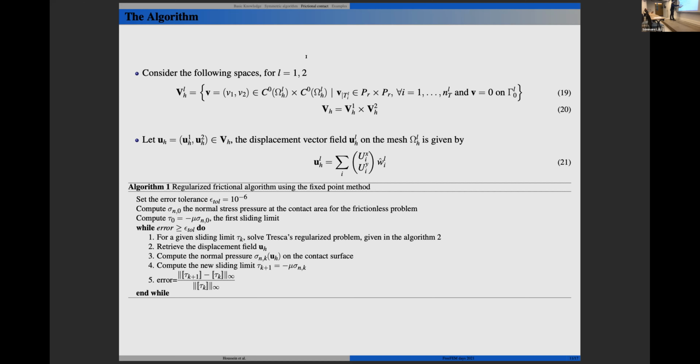tau, we will solve a regularized Tresca problem, which is given in the next algorithm. We obtain the displacement field, compute the normal pressure, and obtain the new sliding limit by the fixed point. The algorithm converges when the error between two sliding limits is small enough.